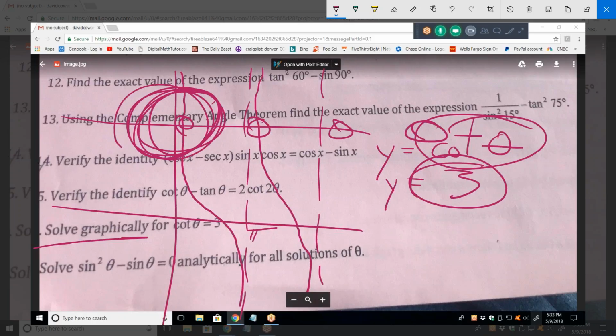But whenever they tell you to solve something graphically, just make that y sub 1, that y sub 2. It'll graph both curves. Where they cross is the answer.